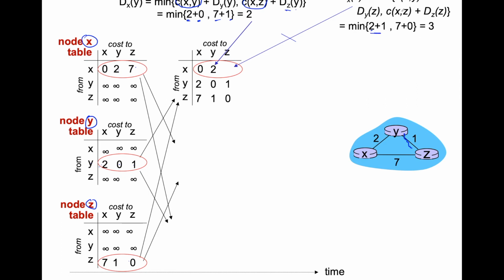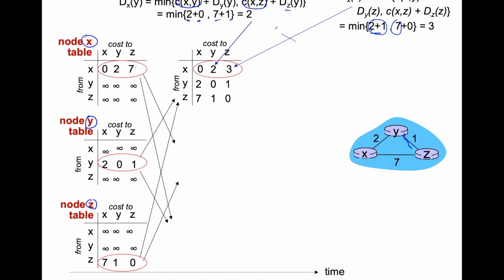If we were to go through X's neighbor Z, the cost to get along that link from X to Z is 7, and then the distance vector estimate from Z to Z is 0. So 3 is smaller, so it'll be more advantageous, a cheaper or least cost path, to go from X to Z through X's neighbor Y. So we're going to fill in that 3 here.